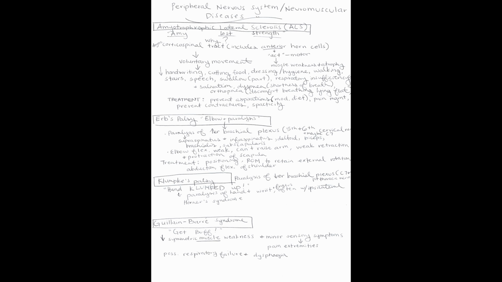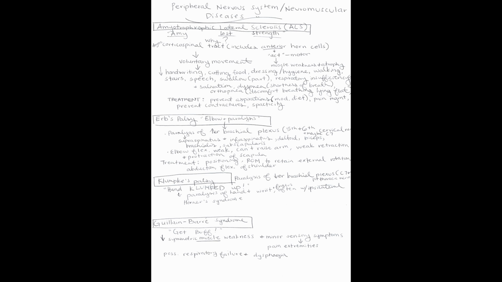And so Amy lost strength because her anterior horn cells were not working properly, and so she had decreased muscle strength, leading to muscle weakness and atrophy. Treatment for amyotrophic lateral sclerosis includes prevent aspiration, such as with a modified diet, pain management, prevent contractures, and spasticity.